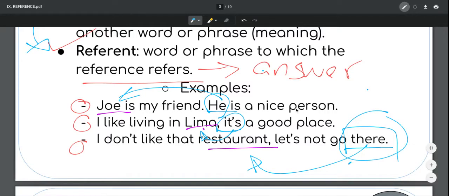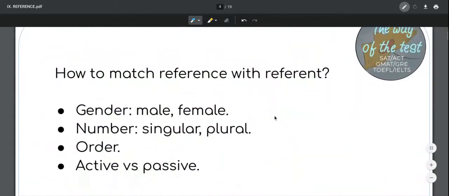But what happens if I have more than one? So how should I decide to which referent I'm going to match it? I'm going to focus on gender, whether it's male or female. So I'm going to match he with male names or male nouns. I'm going to match she and her with female names and female nouns. I'm going to match number, singular versus plural, you know, the it versus they.